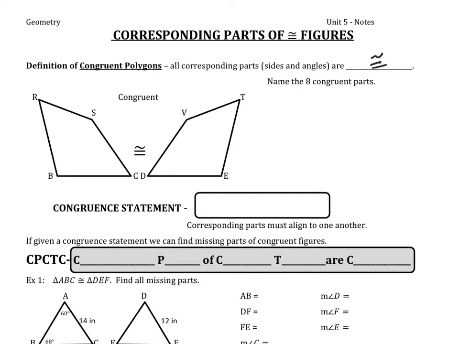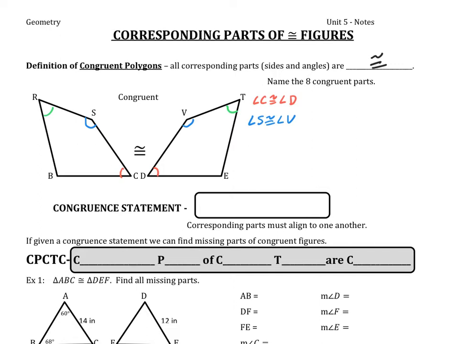First up, we can take a look at these angles down here. So angle C would be congruent to angle D. And then next, we can kind of move up the figure and say that angle S is congruent to angle V. And we're going to keep going around, and we're going to be consistent about the direction in which we're going.